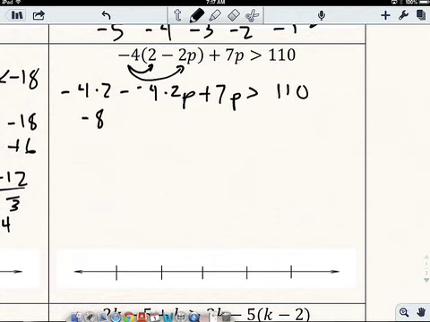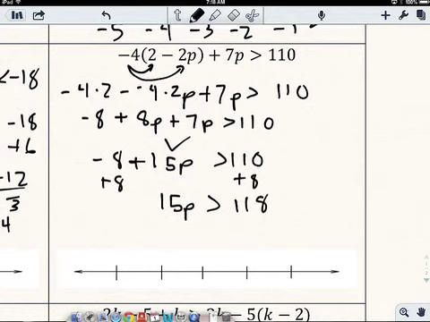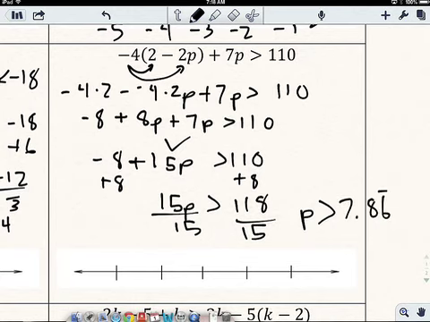And so I get 15p is greater than 118. And this is turning out to be a pretty nasty problem. Divide by 15, and so p is greater than, give me just a second here, 7.86 repeating.